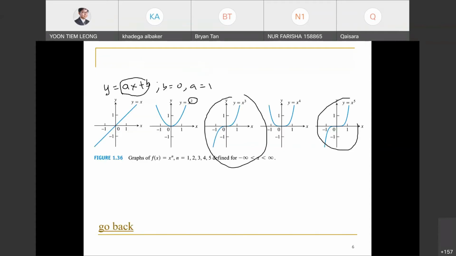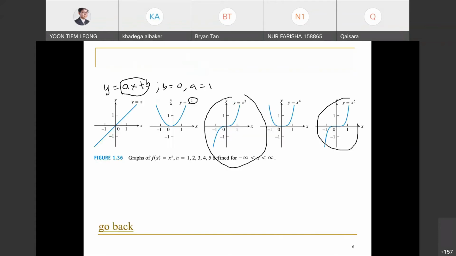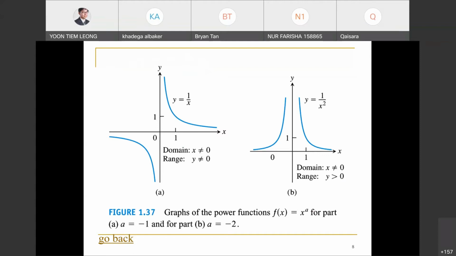A power function can also be raised to a negative integer, which is slightly more complicated. A power function raised to power minus 1 looks like this. This is y equals 1 over x. And if the power is minus 2, then the shape of the function would look like this.